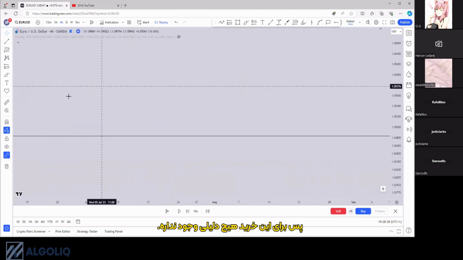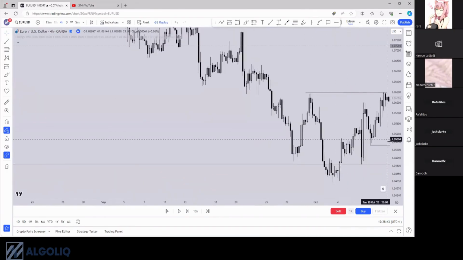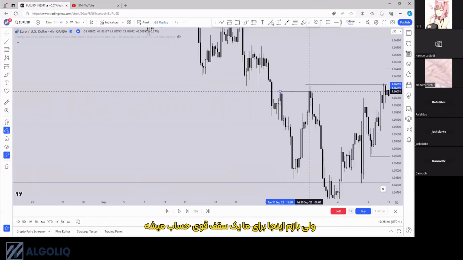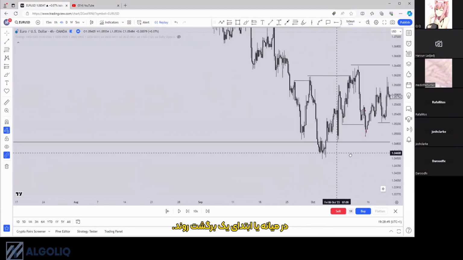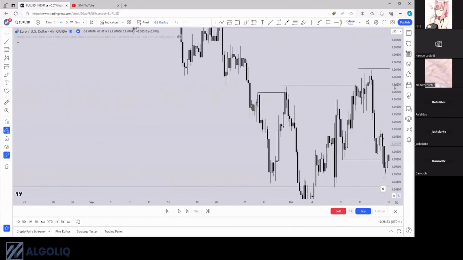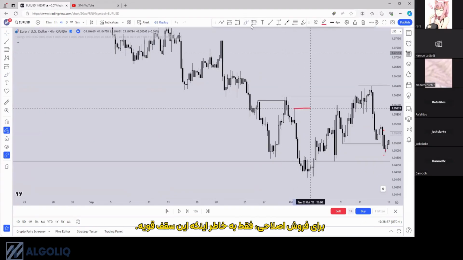So there's no reason for this buy. But again, this will be a strong high for us in the middle of, at the beginning of reversal. Even though we are bullish here at this point already, we can still use this SLQ for pullback sell just because this guy is strong.